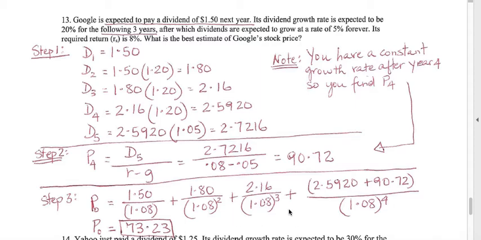In year 3, you have 2.16 divided by 1.08 cubed, plus in year 4, your dividend is 2.592, plus the value of the stock in year 4 divided by 1.08 to the power of 4. So the price of your stock is $73.23.